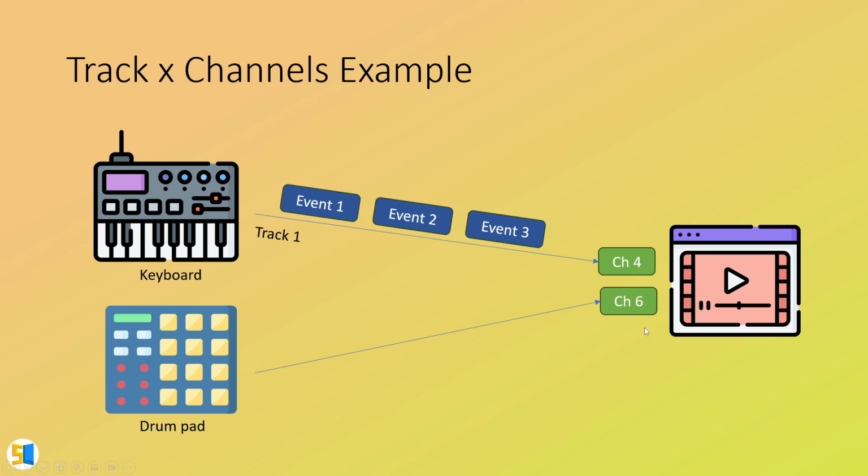I plug it into channel 6 and play a sequence of drum music, and it will be translated into a series of events. So in the software, I can get the sounds of my keyboard from channel 4, and the sounds of my drum pad from channel 6.